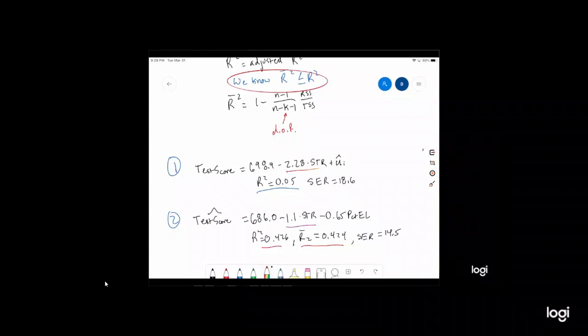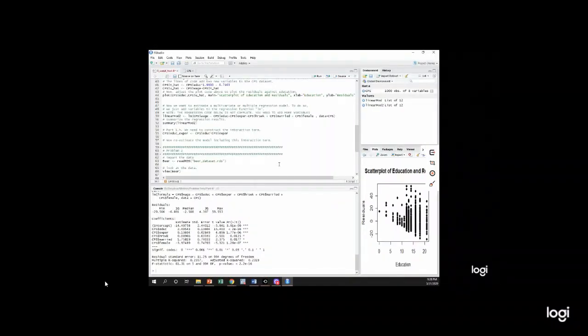I'll show you practically how this works in R. So here's the code for problem set 2 or problem set 4. So let's look at, we're regressing wages on a series of variables here: education, experience, hours worked, married, a dummy variable for married, and a dummy variable for female.